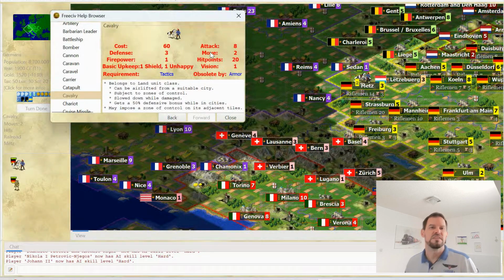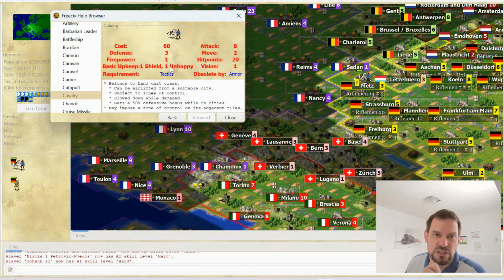There you would see it has an attack strength of 8 and a defense strength of 3. So make sure it never gets attacked. For example, you could put a strong defense unit onto the same square, so the strong defense unit would then do the defenses against attackers.